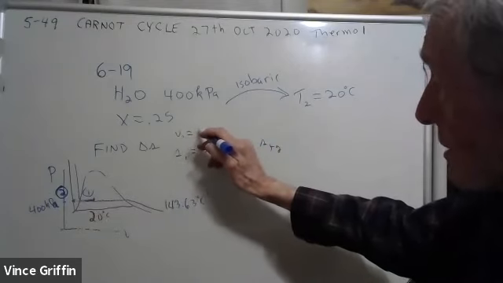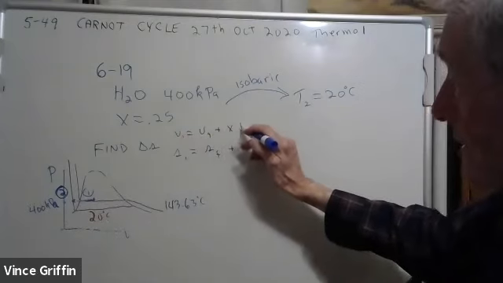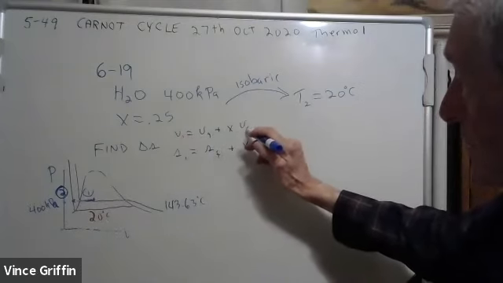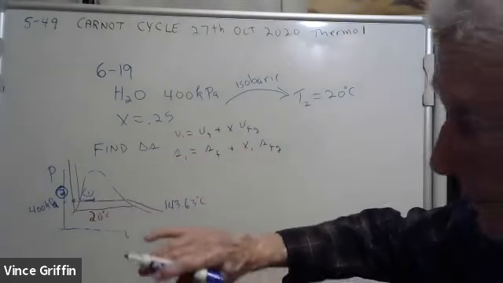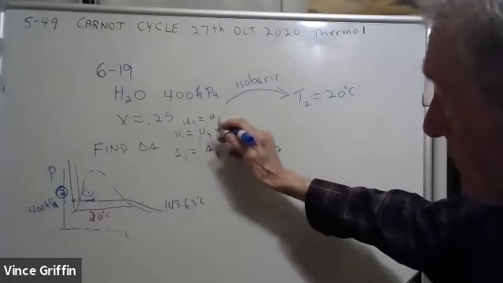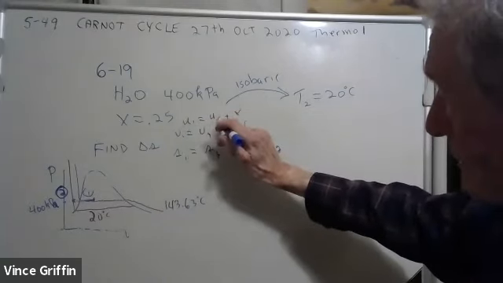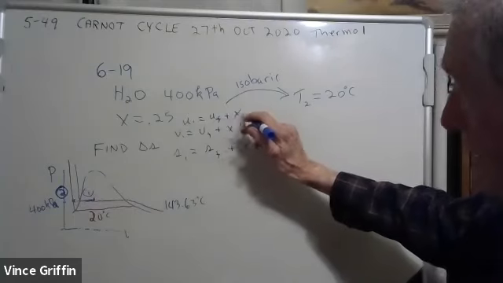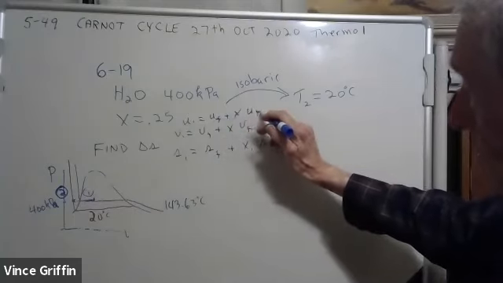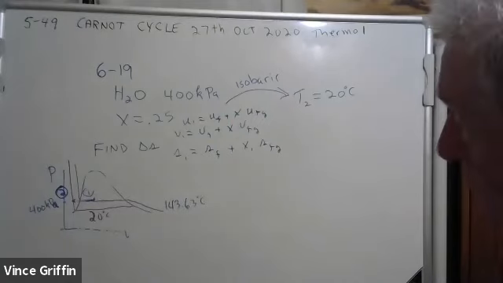See, V1 is VF plus the quality times VFG. We've done that before. U1, if you wanted little U1, that's UF plus the quality, hope you can read my writing, times UFG and so forth. Well, the same thing is true here. Now we need to look that stuff up.